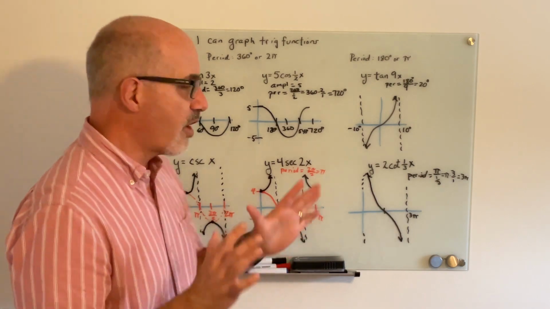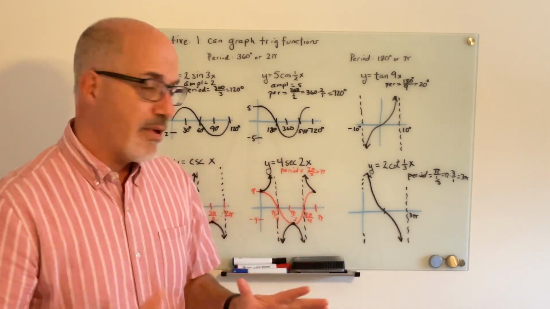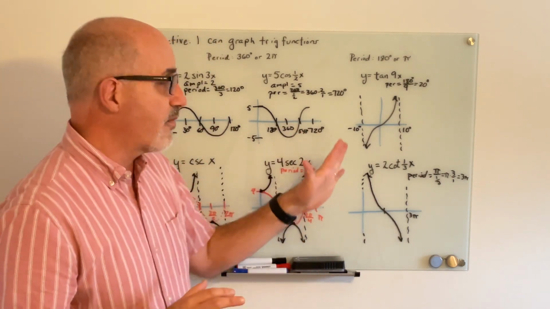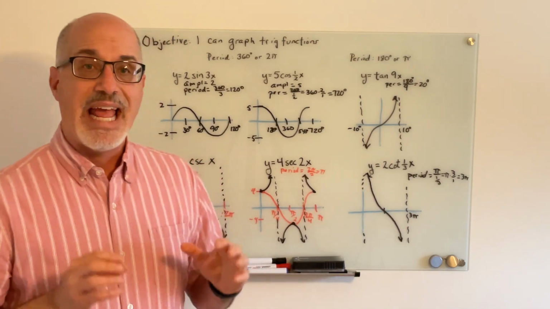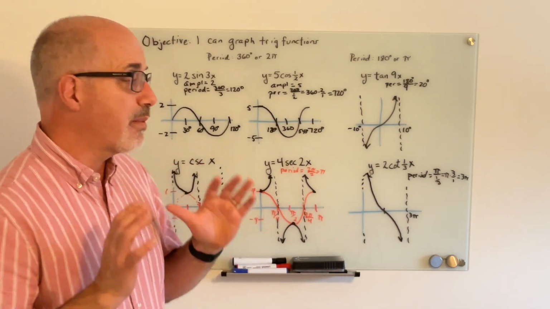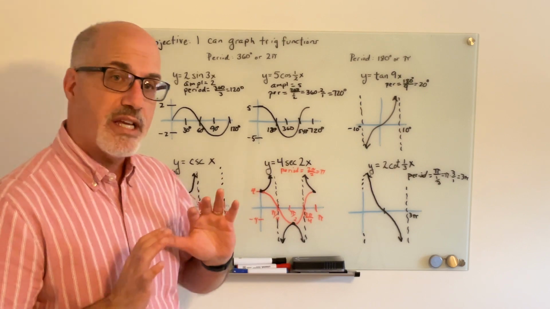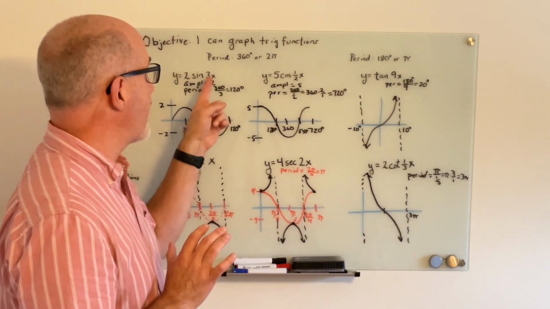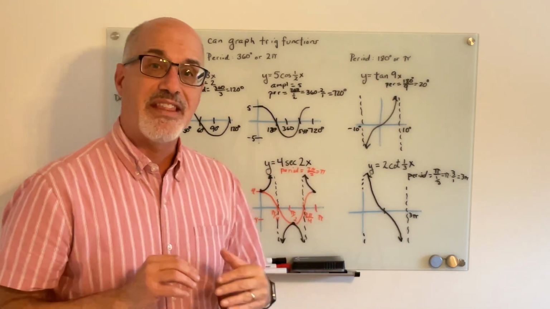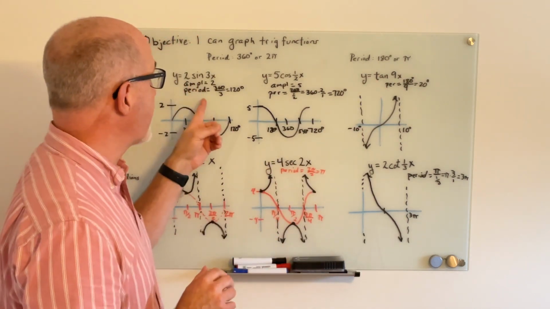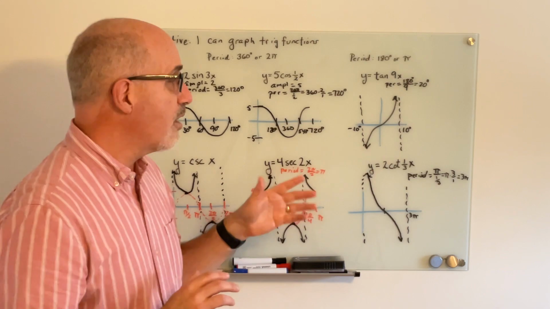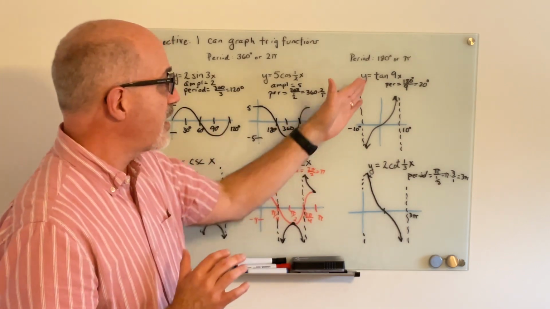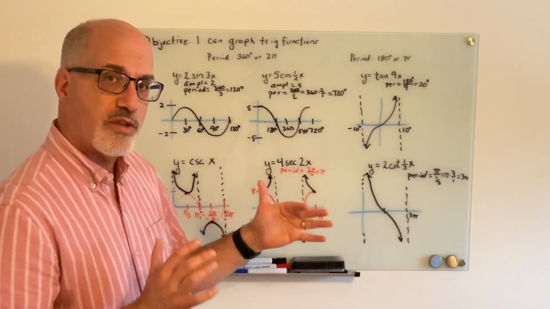So our graphs are dependent on the shape, which you have to look at the standard shape for all 6 of these graphs. And you have to look at the period. That will tell you how far it's stretched out. That will be influenced by the number that's right in front of the x. And then the amplitude for sine and cosine, that number in front will tell you that these stretch up faster if there's a larger number in front.